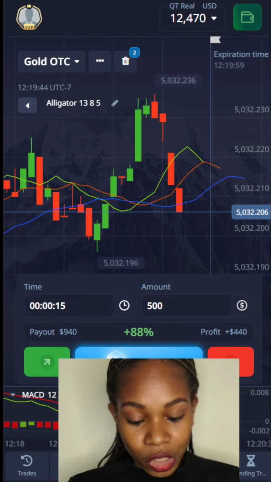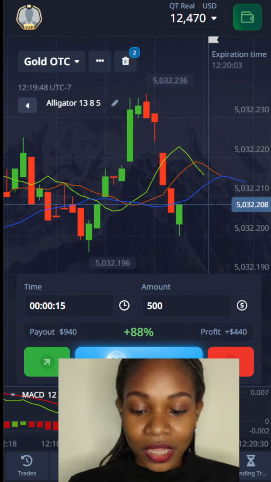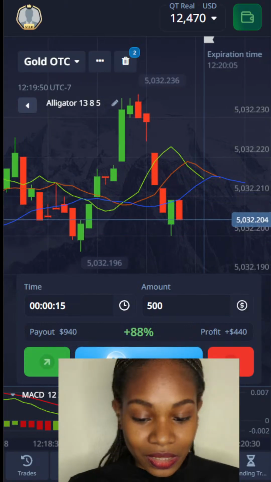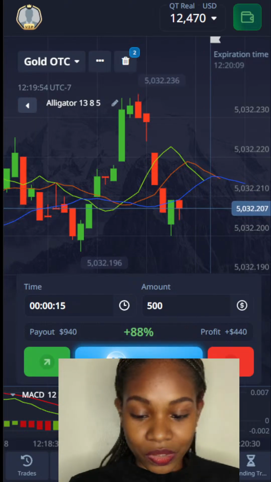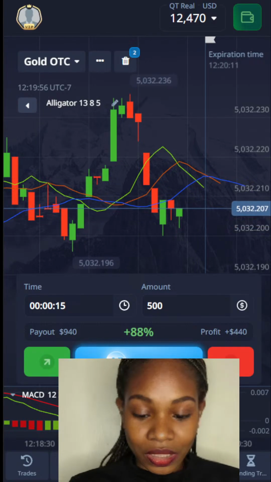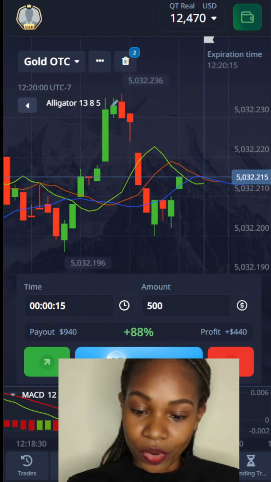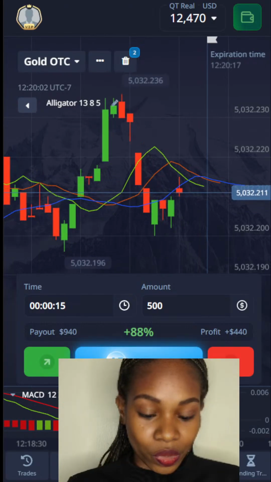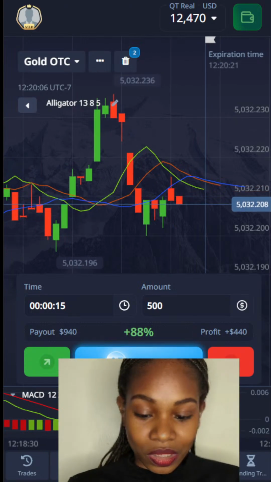We look at when the market is sleeping or the market is ranging. Then we look at when it is waking up, that is when the lines start to separate. Then also when they are clearly separated. So when we look at these three lines, that is what we consider so much.